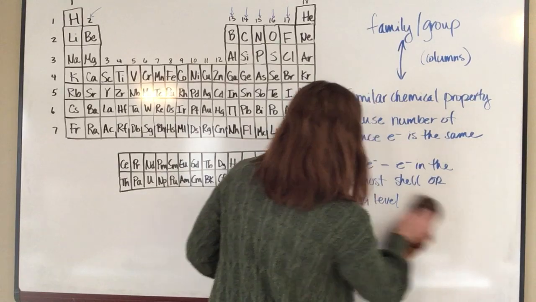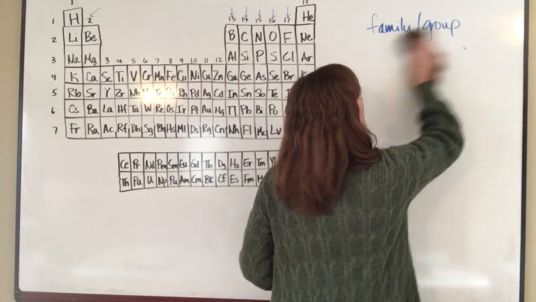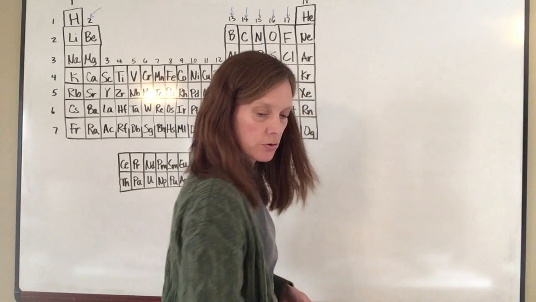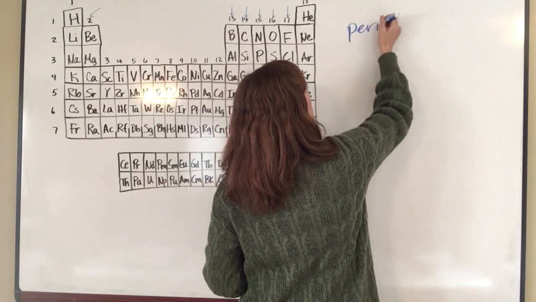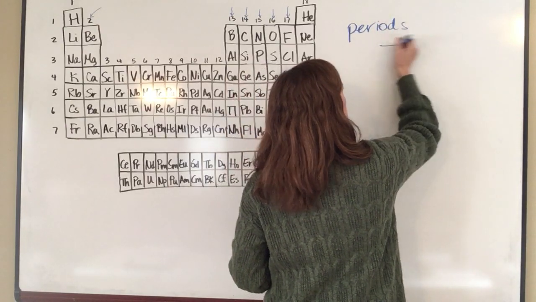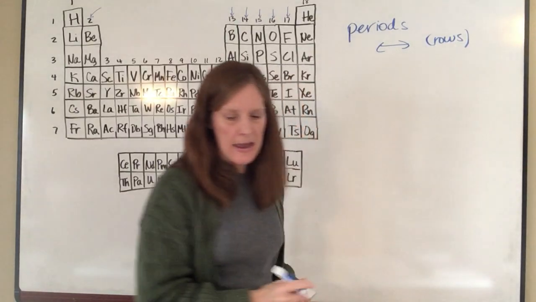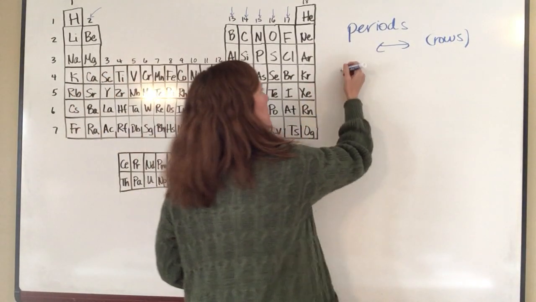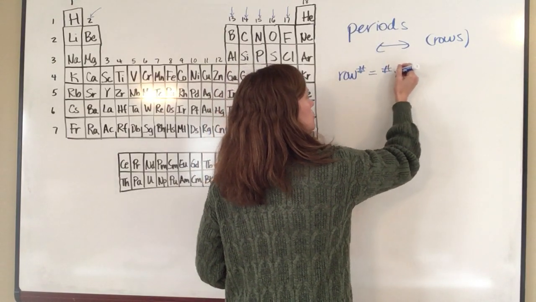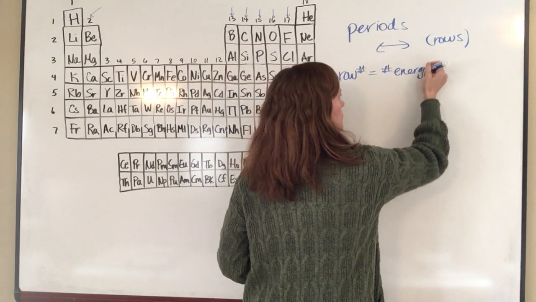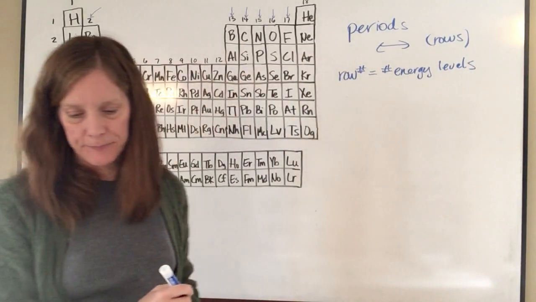Now, the other thing we want to talk about is the rows going across, and those are called periods. So the periods go across, and for those, the row number is equal to the number of energy levels that the electrons are going to occupy.